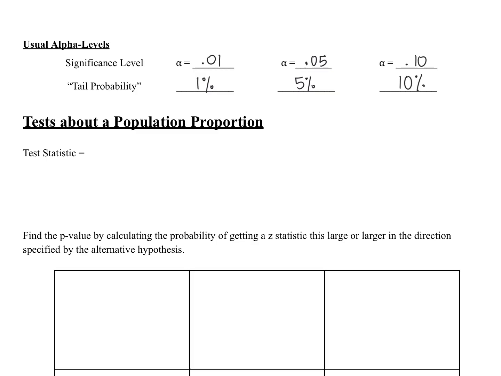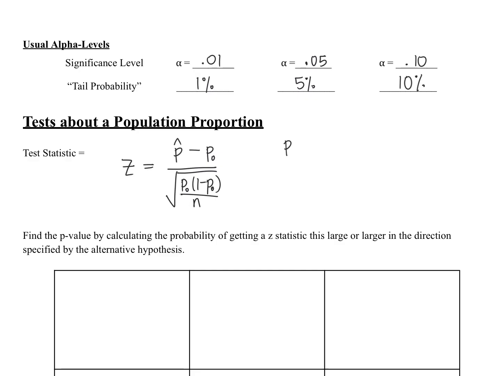So in order to calculate our p-value, we have to do our test statistic. And the test statistic is just a z-score. So it's called a z-test statistic, and it is equal to your sample proportion p-hat minus whatever value you get from your null hypothesis, p naught, over the square root of p naught times 1 minus p naught over n.